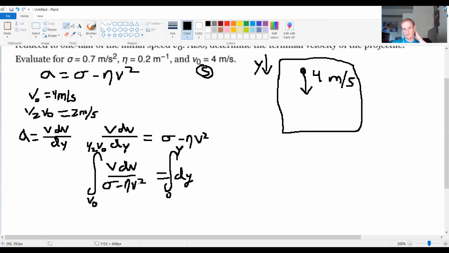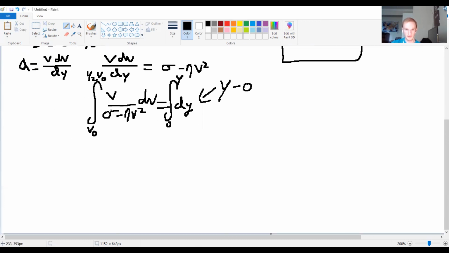But that being said, we have a v term up here and a v squared term down here, and dv, which it might help if I mark this dv, just so that we know that it's not in the top term. But anyways, this one's easy. The integral of dy from 0 to y is just y minus 0. That's simple. So now we have to really focus on this one.